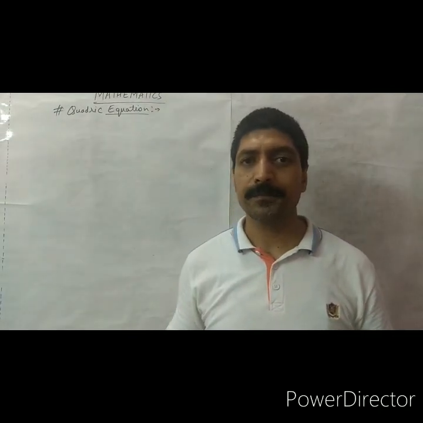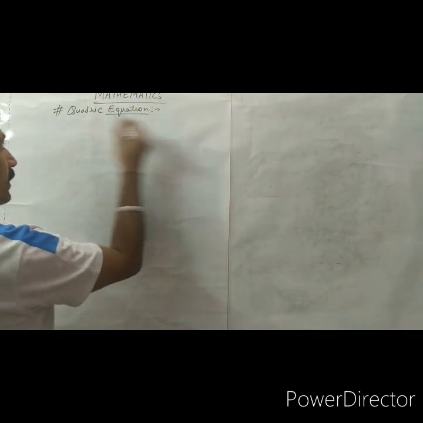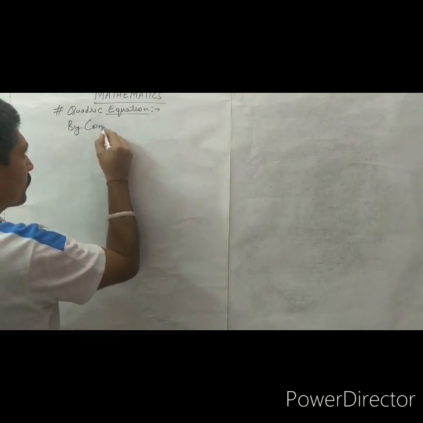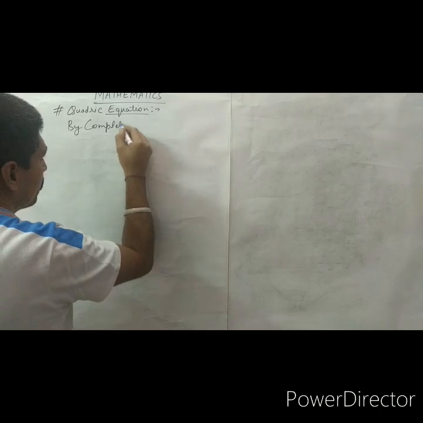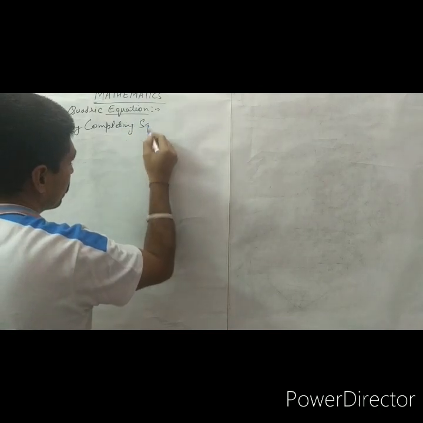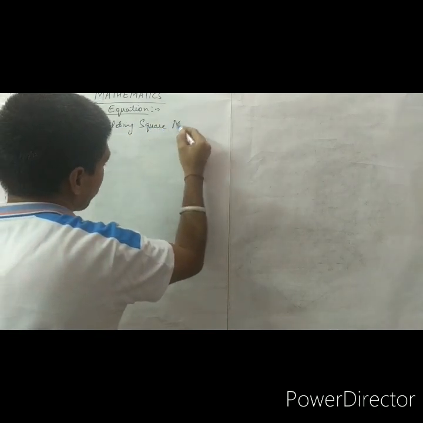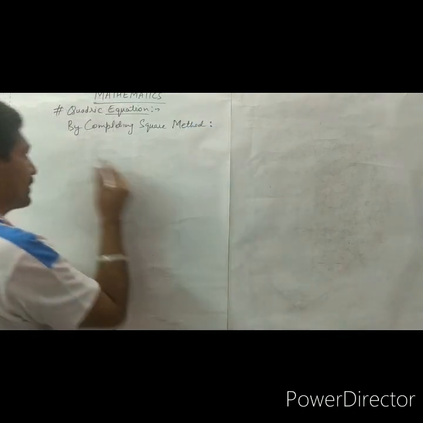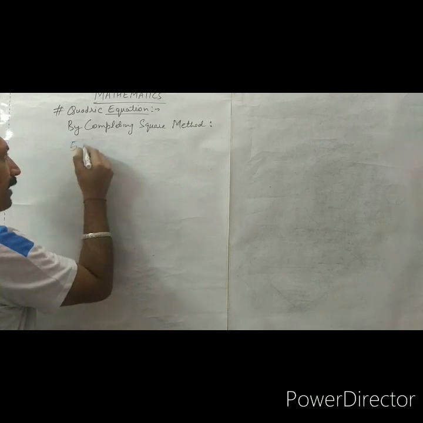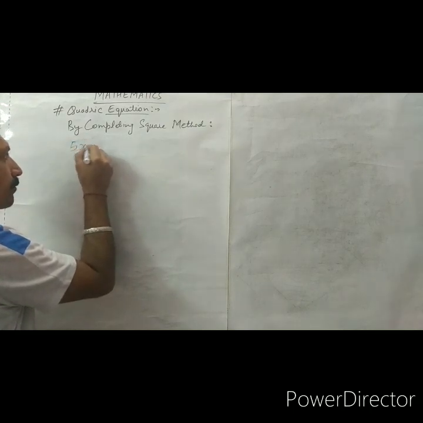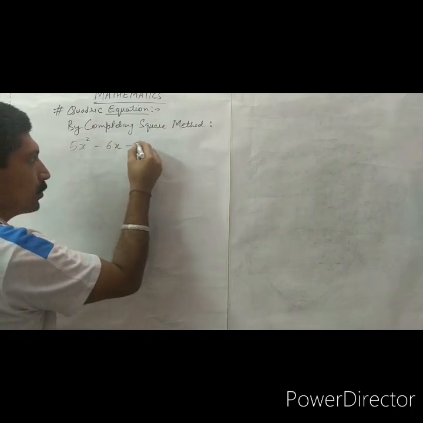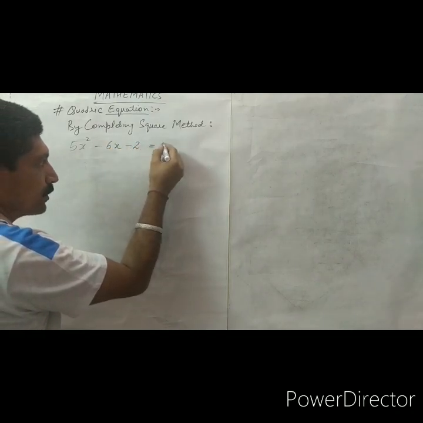Let's take one example, one question here: solve the quadratic equation by the completing square method. 5x square minus 6x minus 2 is equal to 0.